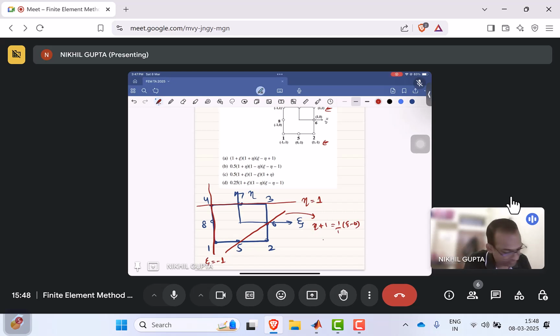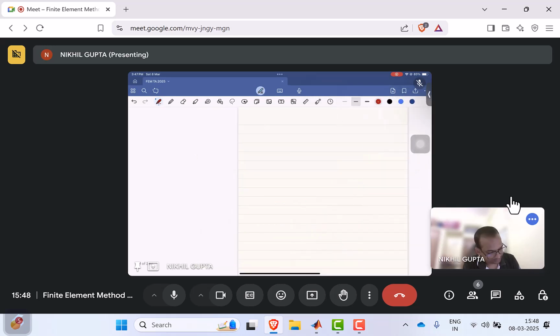When you solve it you will get xi minus eta minus 1. Now you have all the equations of the lines which are cutting other nodes. So you can write N2 equals (xi plus 1)(1 minus eta) times the remaining factor.